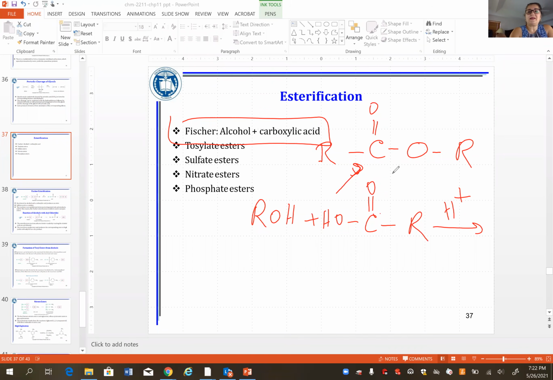Can acid act as a nucleophile or alcohol? Which one is going to act as a nucleophile? Which one is the better nucleophile? Okay, just because the carboxyl group, after losing the hydrogen, is going to be stable on its own.